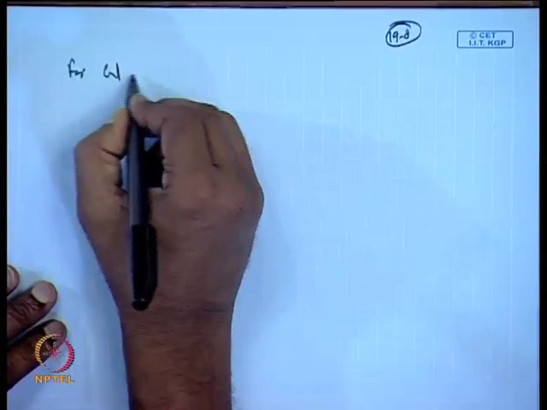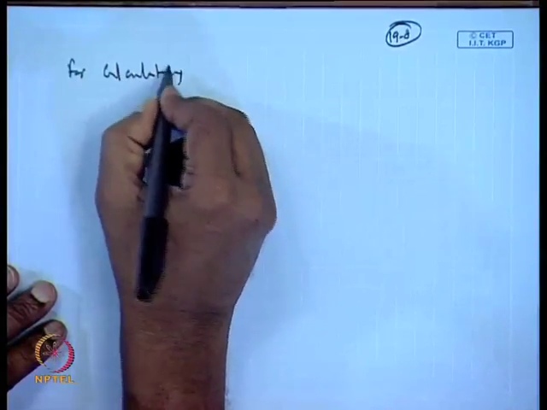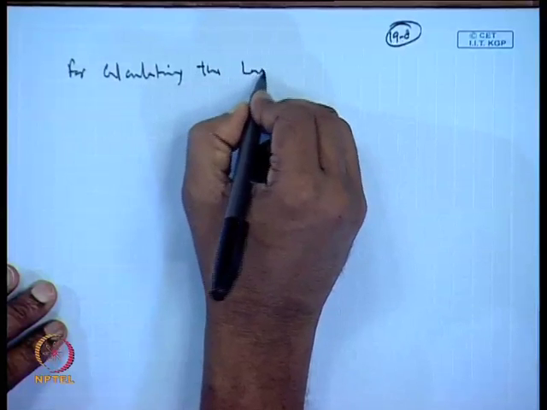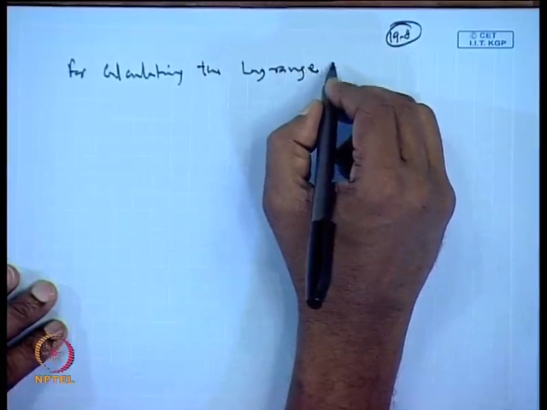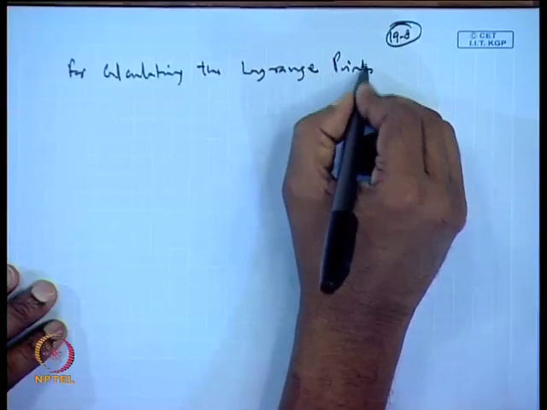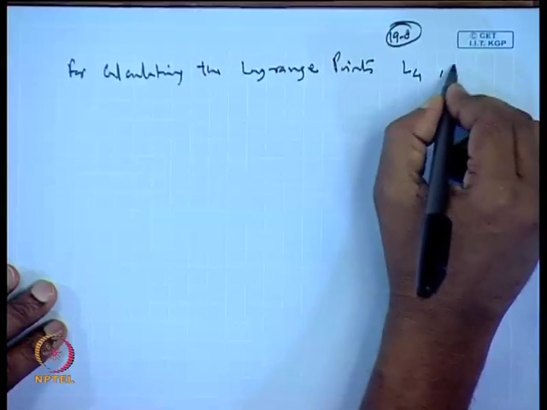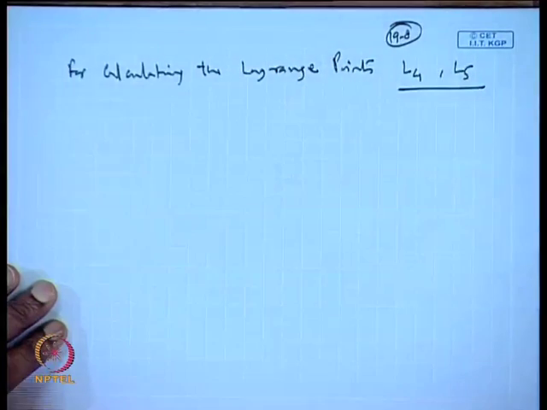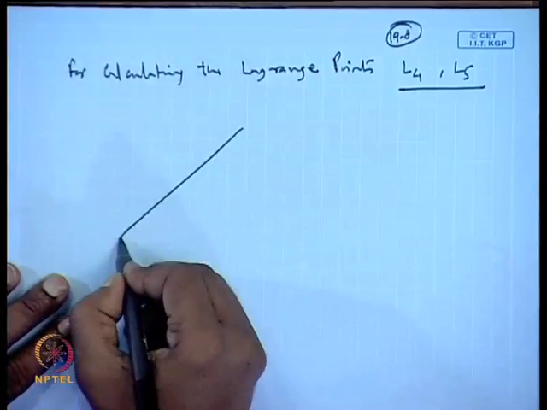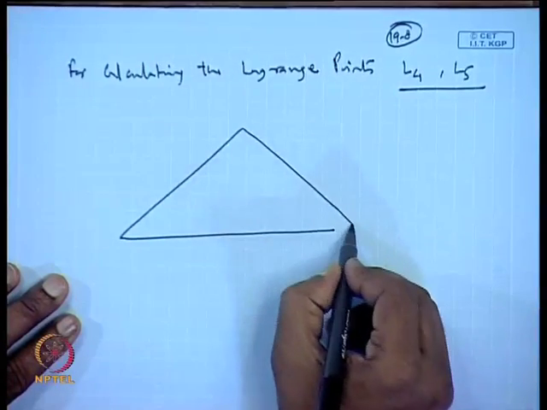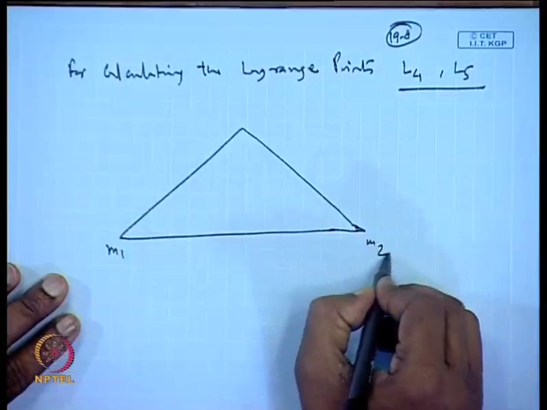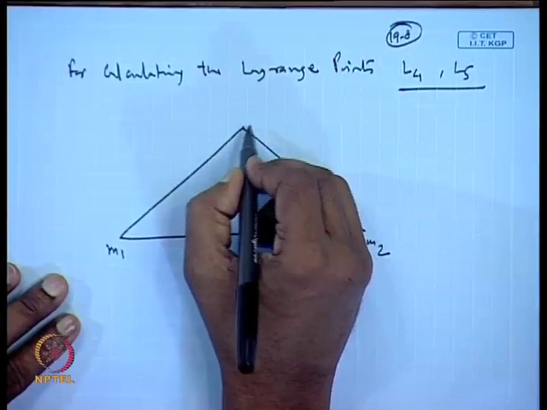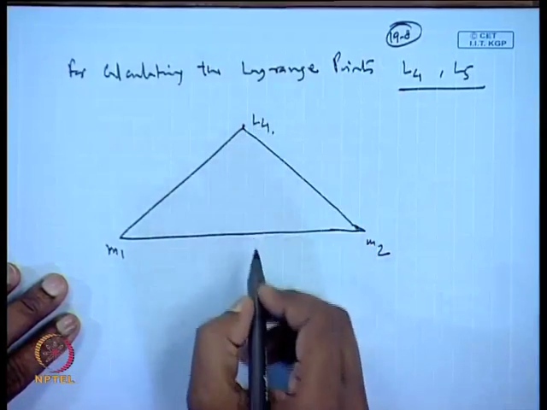Okay, now, for calculating Lagrange points L4 and L5, this is mass M1 here, this is mass M2 and this is the point L4 say.